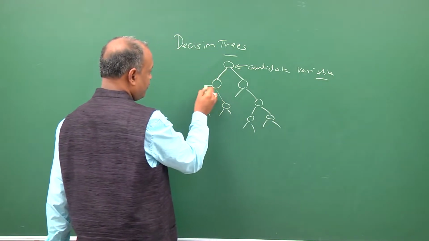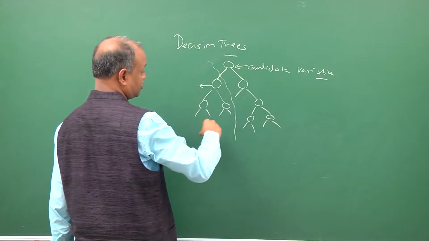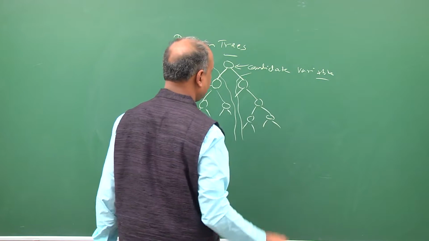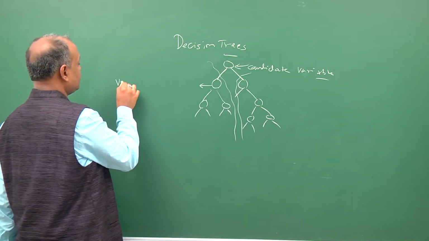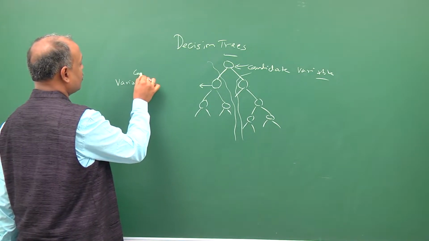So the candidate variable at this point is probably different because the solution space is different, versus say the candidate variable for here is different.